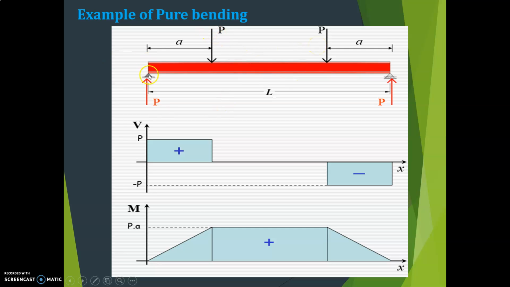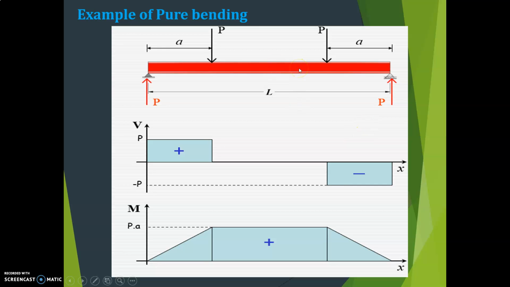Take moments about A, summation of MA equal to 0, so you write the equation: minus RB into L plus P into L minus a plus P into L minus a. When you simplify this, you get RA and RB equal to P.